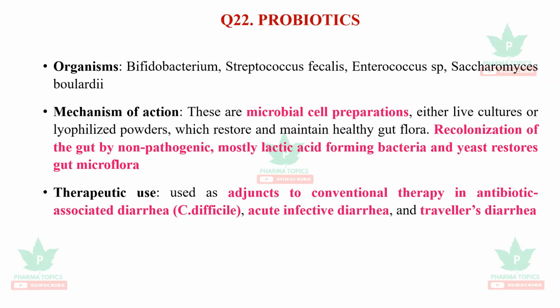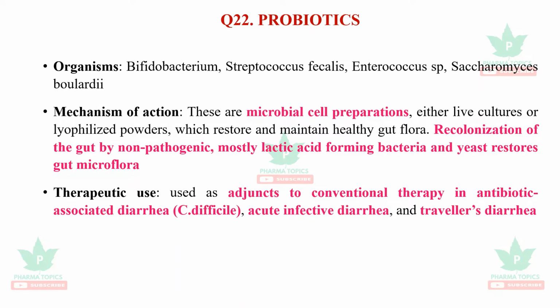Next they may ask question number 22, a short note on probiotics. It includes bacteria such as Bifidobacterium, Streptococcus faecalis, Enterococcus, and fungus such as Saccharomyces boulardii. These are microbial cell preparations, either live cultures or lyophilized powders, which restore and maintain healthy gut flora.